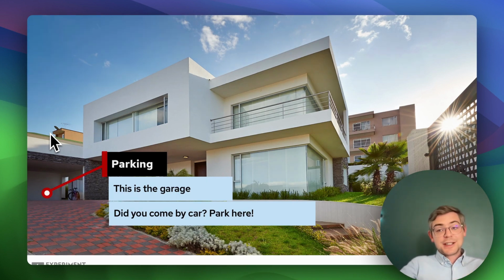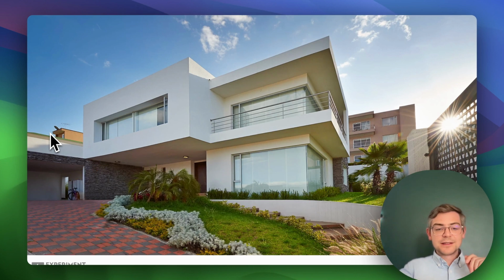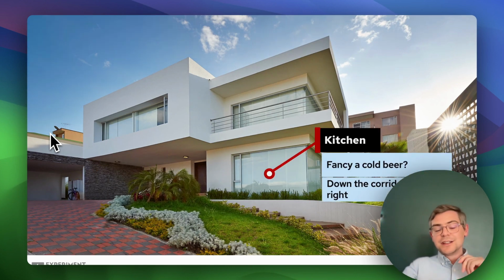Then here is the parking. This is basically where you will find the garage and you can park your car here. After, you can enter my home and this is the kitchen. Do you want a beer?